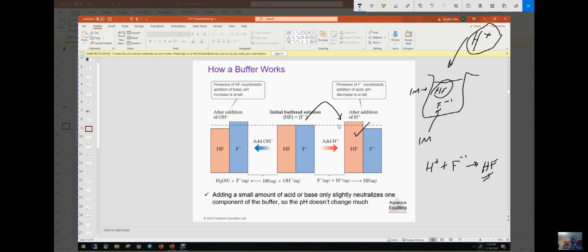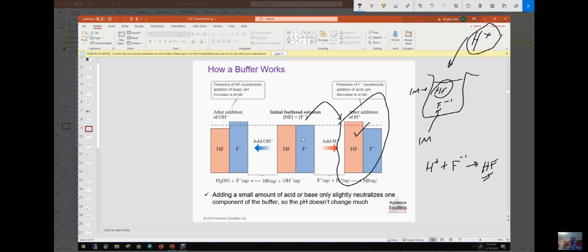But look, they're still both in appreciable amounts, so there's a lot more buffering capacity to go. I didn't exhaust all of the F minus, I didn't use it all up. So this can live another day and absorb some more strong acids.